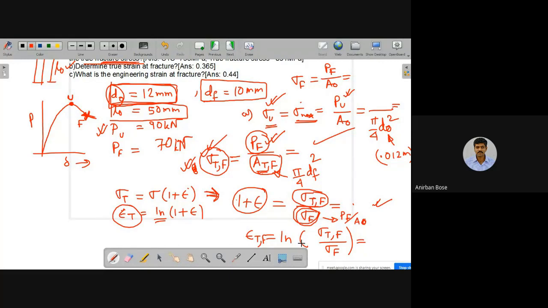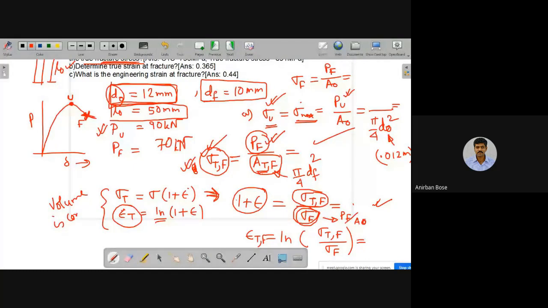Only thing, you just mention here that we are assuming the engineering stress and true stress relationship, and the engineering strain and true strain relationship, are also valid up to the fracture point. That means we are assuming the volume of the sample is constant.